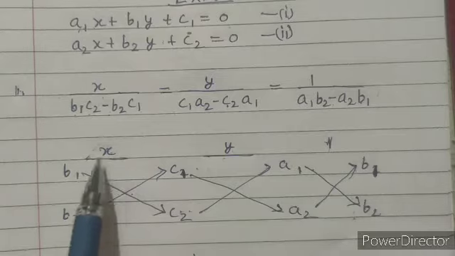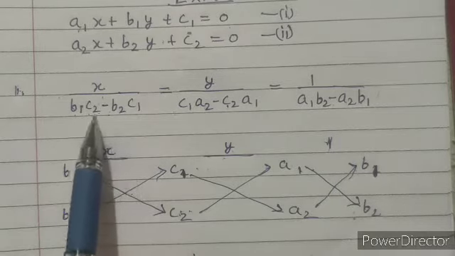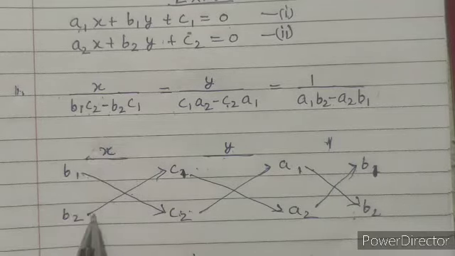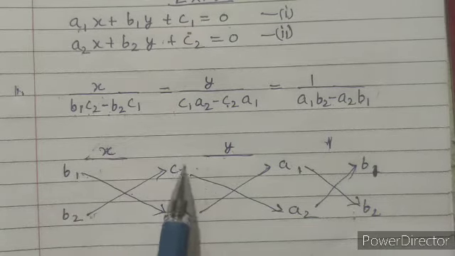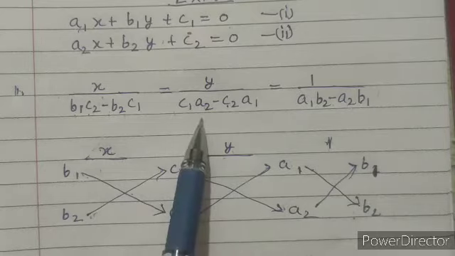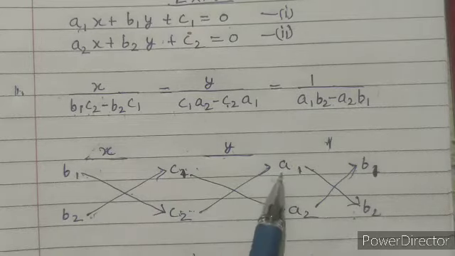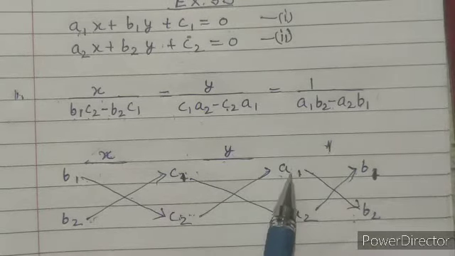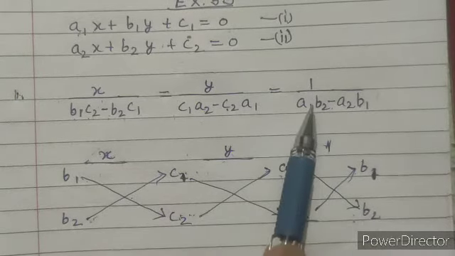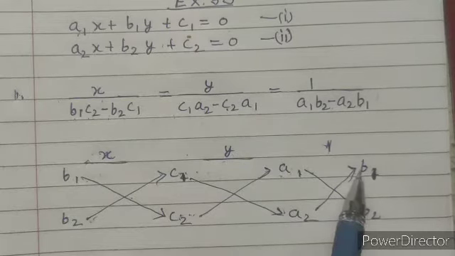Now x upon b1 into c2 minus b2 into c1 will be equal to y upon c1 into a2 minus c2 into a1, and that will be equal to 1 upon a1 into b2 minus a2 into b1.